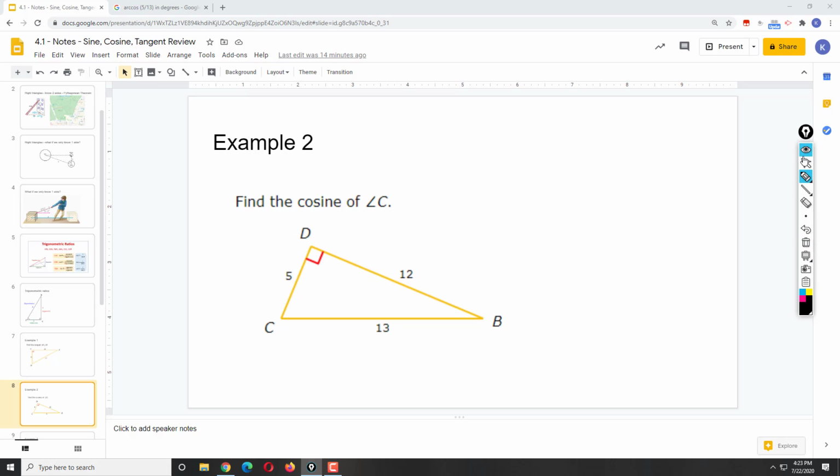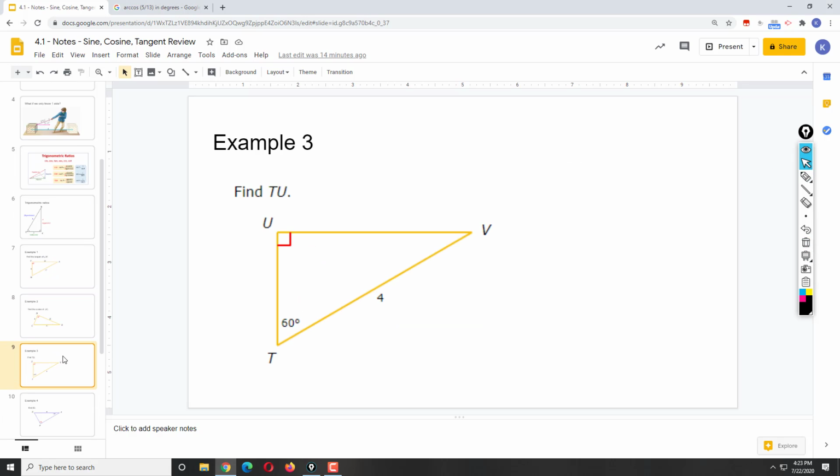Example 3. This time we have really the more common sort of problem we see in real life. We have a triangle here, right triangle again. The hypotenuse is 4. We know that angle T, which is 60 degrees, is in between our adjacent and hypotenuse.